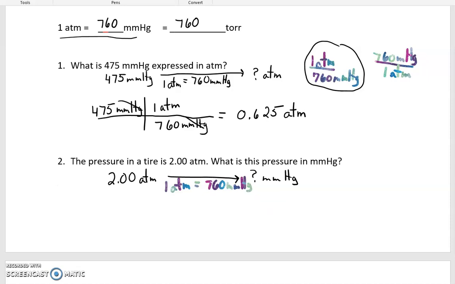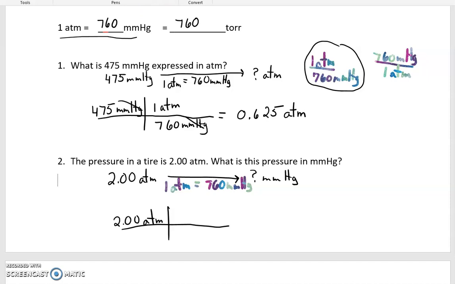So we can write our problem now. We've got 2 atmospheres. We'll want to use our equality here to write a conversion statement. Atmospheres we're going to want to put in the bottom, and the millimeters of mercury we'll want to put in the top, so the units will work for us.